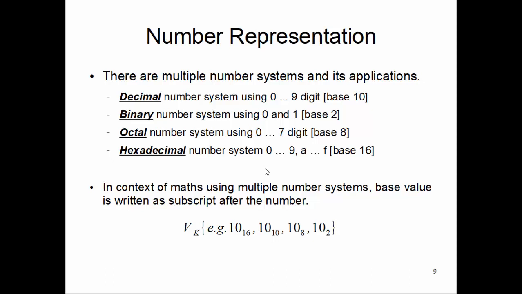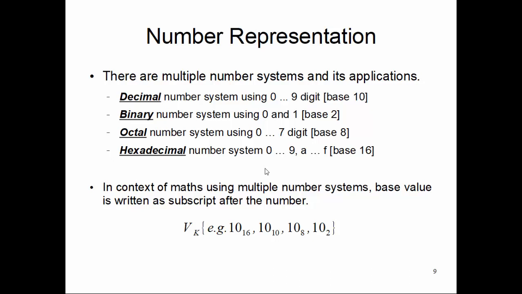An electronic computer understands the binary number system, and everything inside a computer is implemented based on it. And a big string of binary values can be compactly represented with octal or hexadecimal.